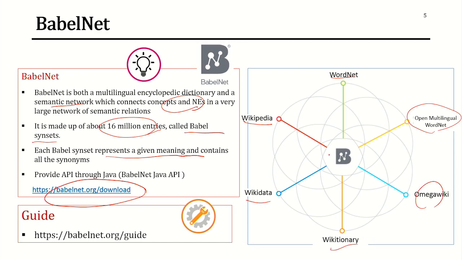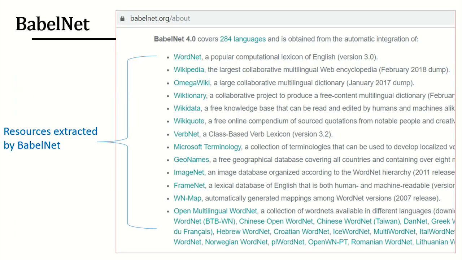So BabelNet retrieves all its data from these sources. This slide gives you an overview of how the data in BabelNet are retrieved from the existing resources. We can also access each of these resources to obtain specific data from them.